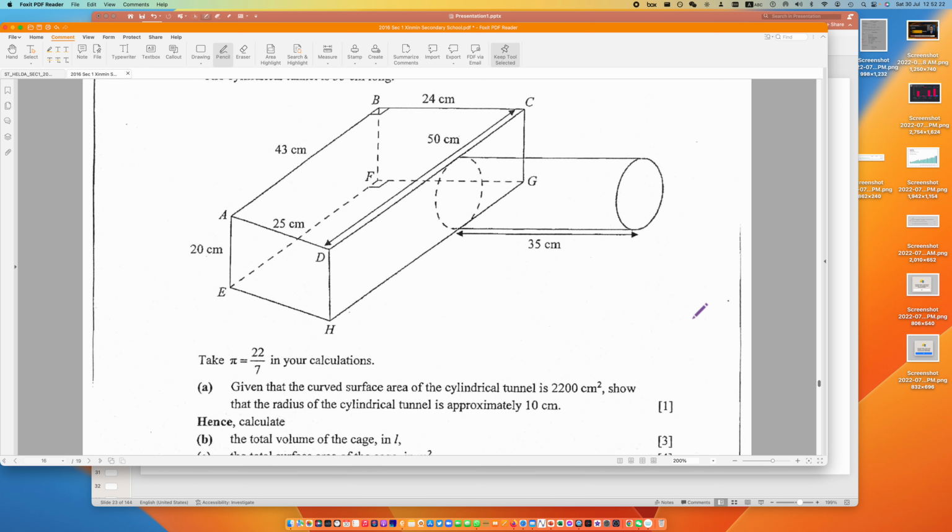Formula. I want the formula only. Pi times r times r. Write down. That gives you the base area, which is a circle. And then to get the volume, you still have to times the height. What height? 35. Okay, write down.